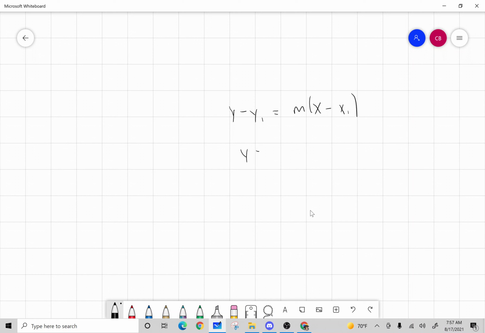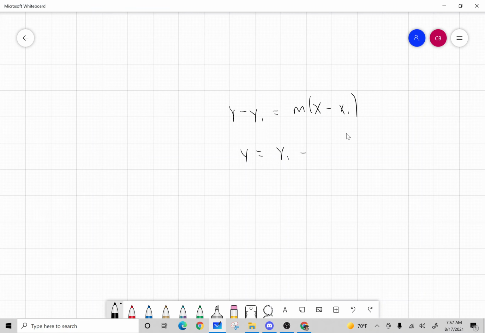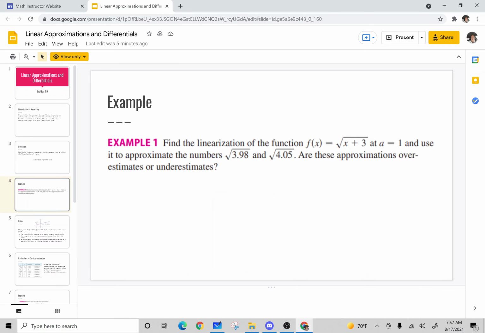So y is equal to y1 plus m times x minus x1. That's just an observation I made. It's not really that hard of a formula to remember, because if you know this one, then you can clearly get that. So with that being said, let's look at a problem.